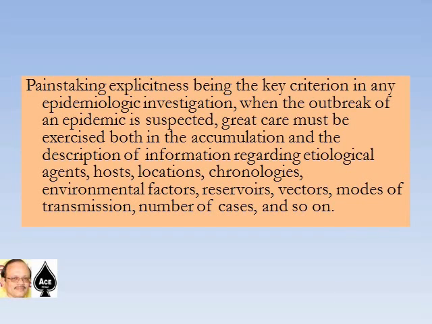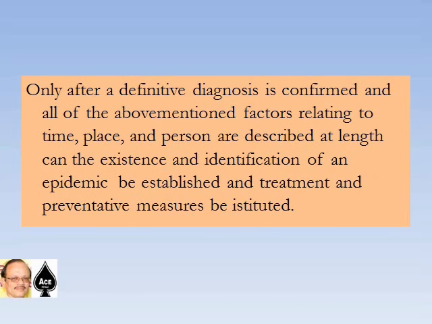When the outbreak of an epidemic is suspected, great care must be exercised both in the accumulation and the description of information regarding etiological agent, host, location, chronology, environmental factors, reservoirs, vectors, mode of transmission, number of cases, and so on.